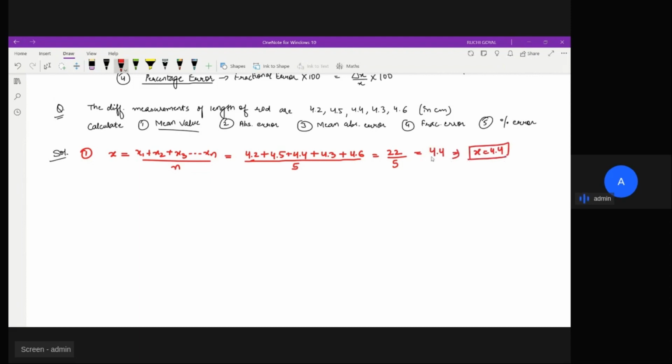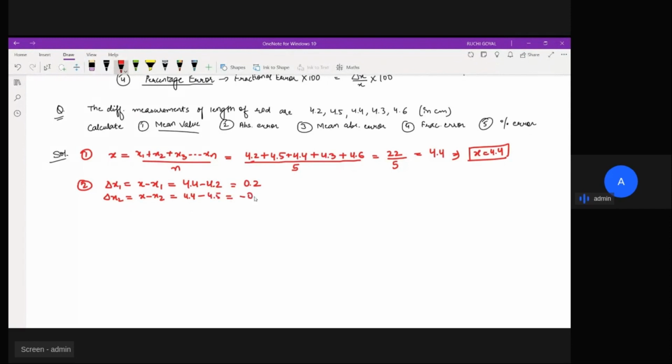Now we have to calculate the absolute error. Delta x1 is x minus x1. x is 4.4 and x1 is 4.2, so 4.4 minus 4.2 is 0.2. Delta x2 is x minus x2: 4.4 minus 4.5 is minus 0.1.